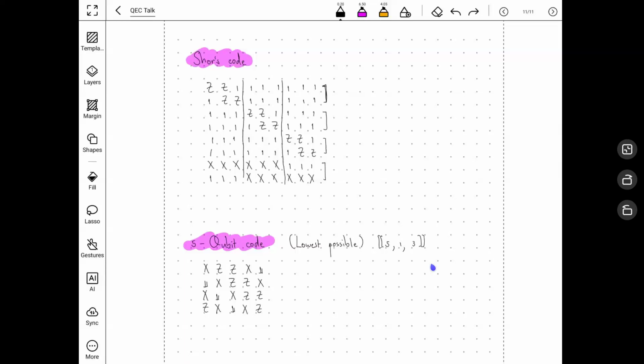There's a method to generate these stabilizers using provided code words, or you can go from the stabilizers to code words as well. But that's as far as I know. I can go read up on this later, whether the 5-qubit code can be generated from the Shor code or not.